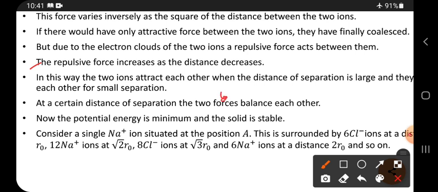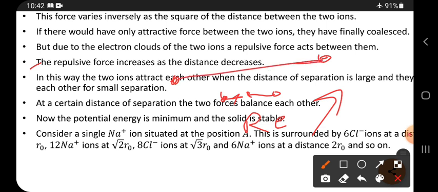When two ions come very near to each other, what happens? Repulsion force starts increasing. Attraction forces act when the two opposite ions are at a large distance. When they are very near to each other, instead of attraction, repulsion will start because of the electron clouds. Around the atom, many electrons are present in the shells.